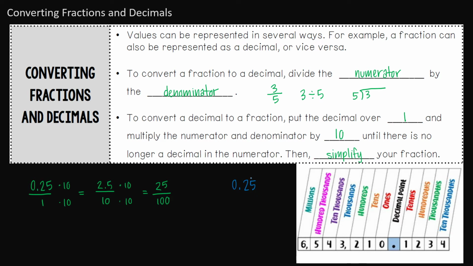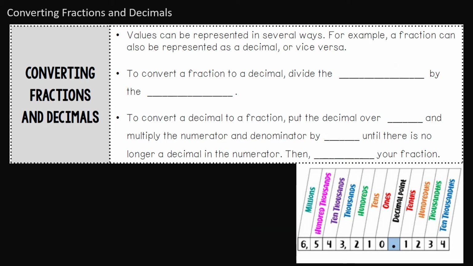What I want to do to write this as a fraction is look at the last decimal place that I see. This is the second place over from the decimal, which means it's in the hundredths place. This decimal is actually 25 hundredths. So we can just write the decimal like so, and then of course reduce. Let's try this out.